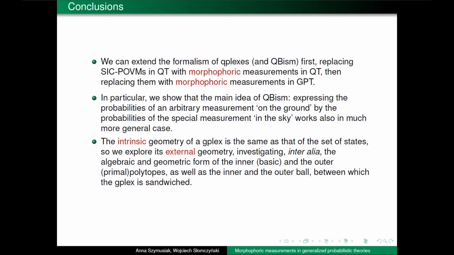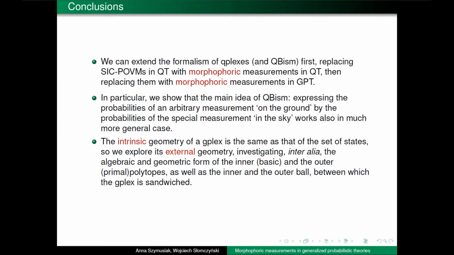But again, we would like to show that one can define morphophoric measurements also in this more general setting. In particular, we show that we can link probabilities of arbitrary measurement with some probabilities of some special measurement, which is in our case this morphophoric measurement.